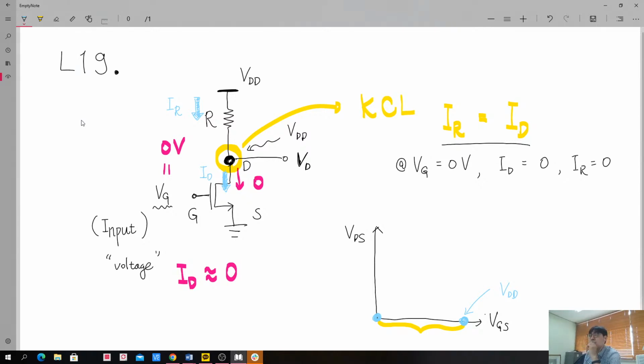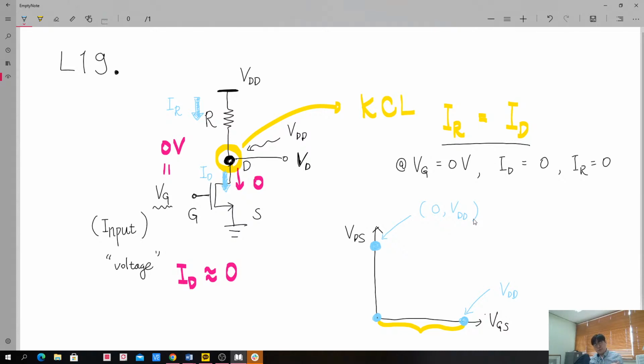The answer of our output voltage would be just here. This point corresponds to 0 volt and VDD. It is quite easy to understand. Could you please show your responses? Have all of you understood this simple explanation? Simply speaking, when we turn off the transistor, we have no current conduction.